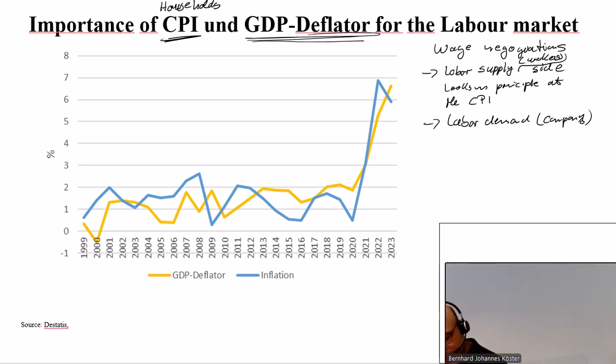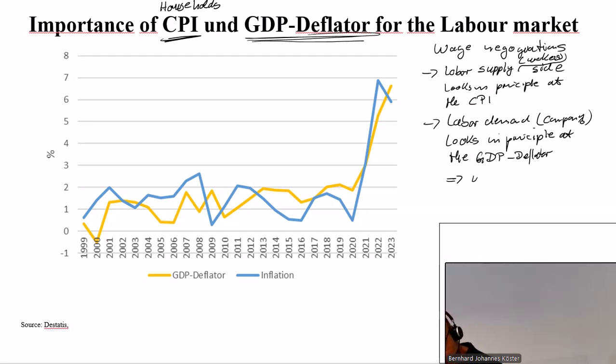So the labor demand, the company side, looks in principle at the GDP deflator. And in the end, this would mean in my example, inflation 4%, GDP deflator development only 2%, then you have a clash of the supply and the demand side.